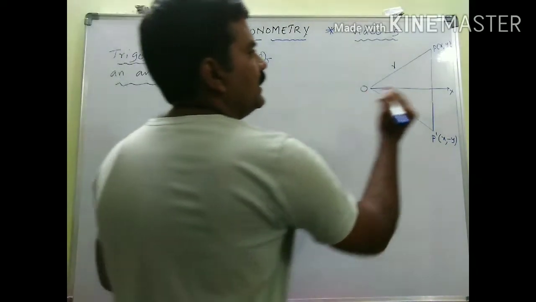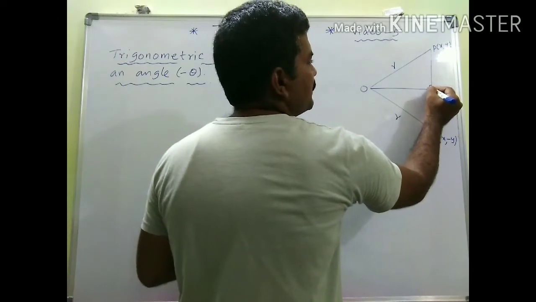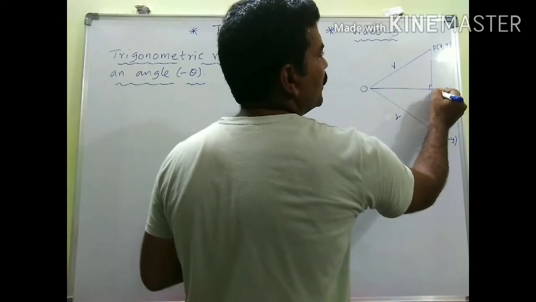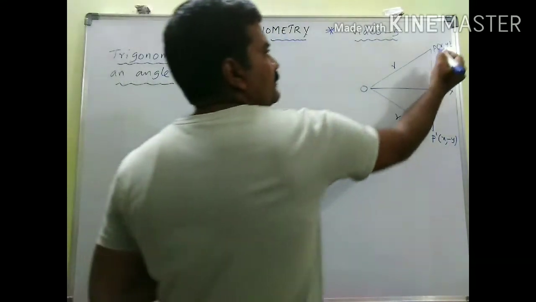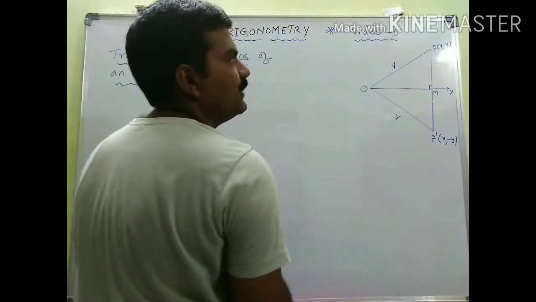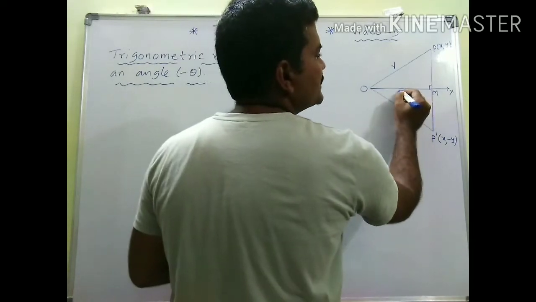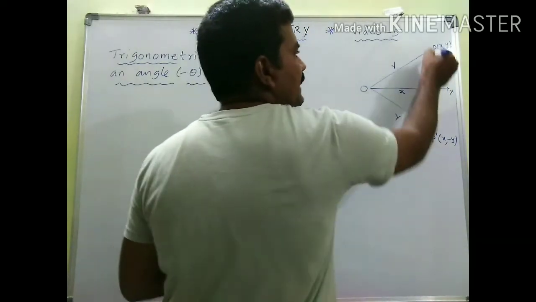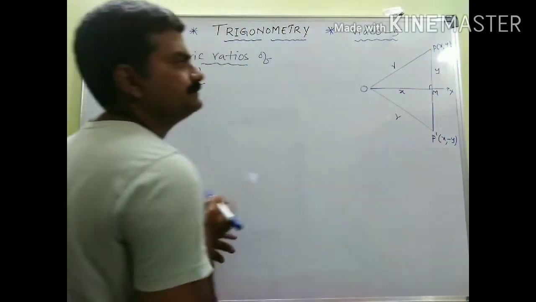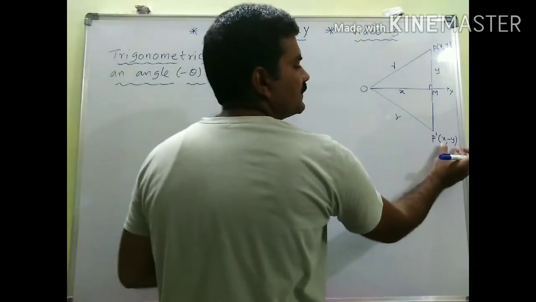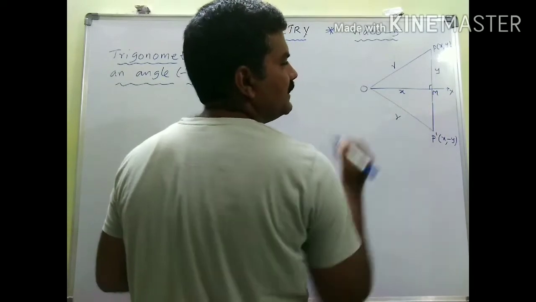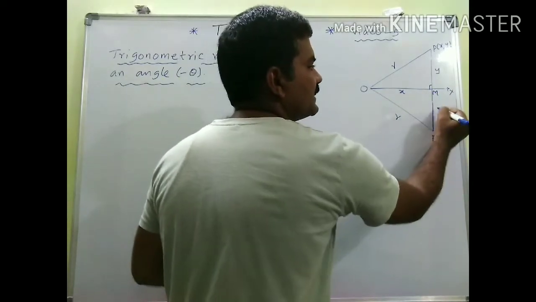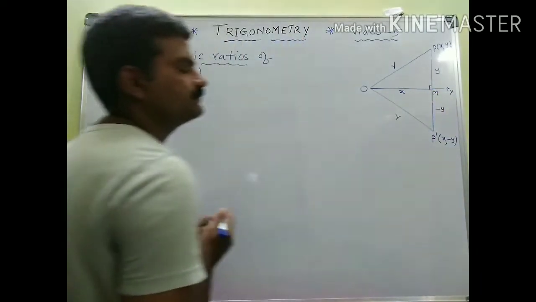Now drop a perpendicular from P at a point, say M. If the coordinates of P are x comma y, that indicates OM is x and PM is y. Similarly, the x coordinate of P dash is as usual x, whereas the y coordinate is minus y.